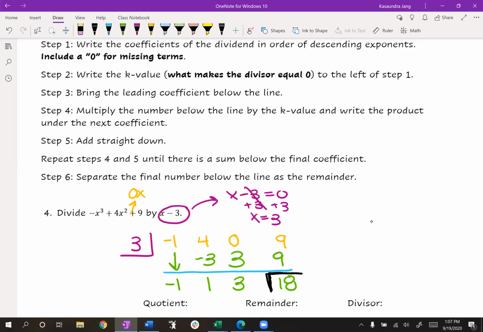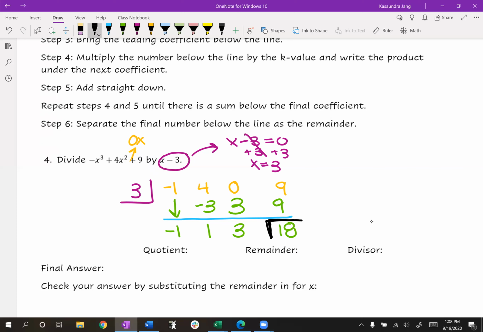Because I started out with x to the third and I divided by a plain x, one of the x's is gone, I'm down to x squared. So this is my 1x squared plus my 1x and then my constant. Again, I hit every exponent on the way down. So the quotient, I'll simplify down to negative x squared plus x plus 3.